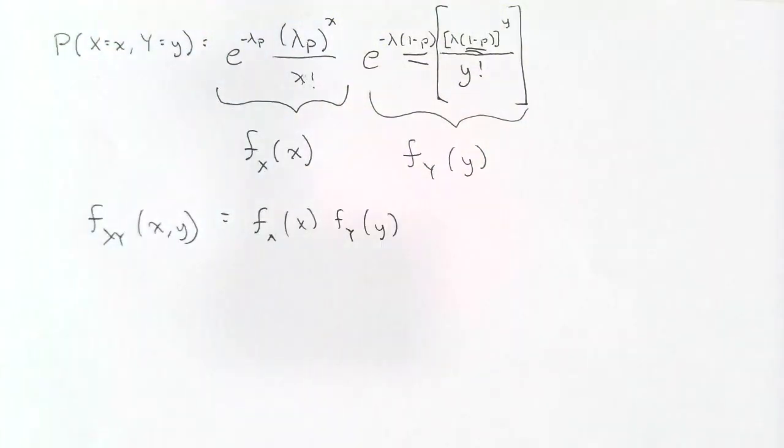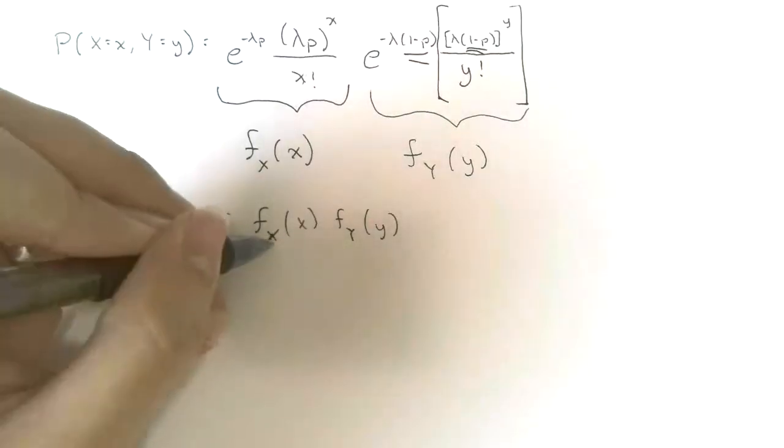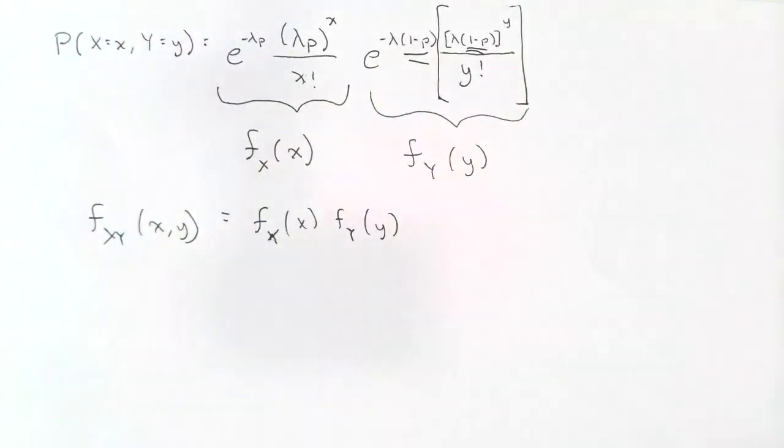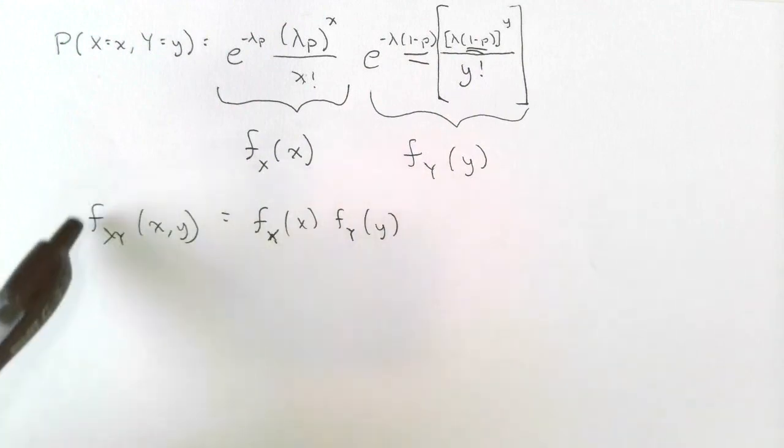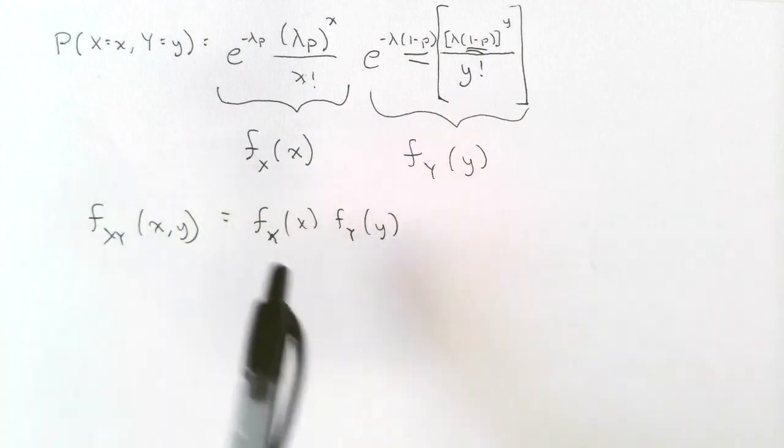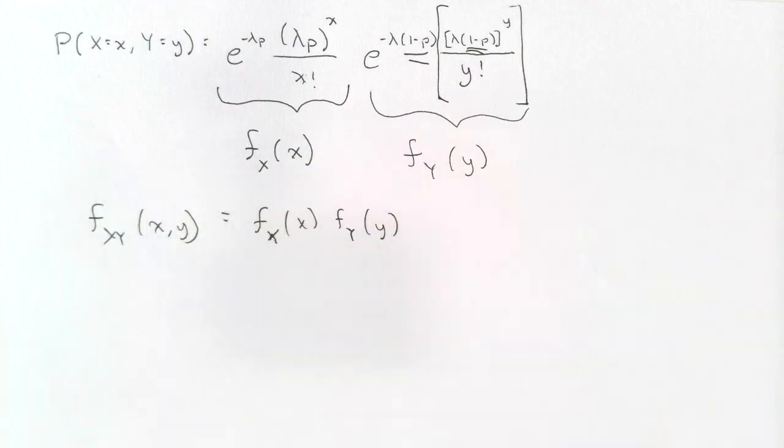So are x and y independent, or are they dependent? Independent, right? Because we have just shown that the joint probability distribution is actually equal to the product of the marginal probabilities of both.